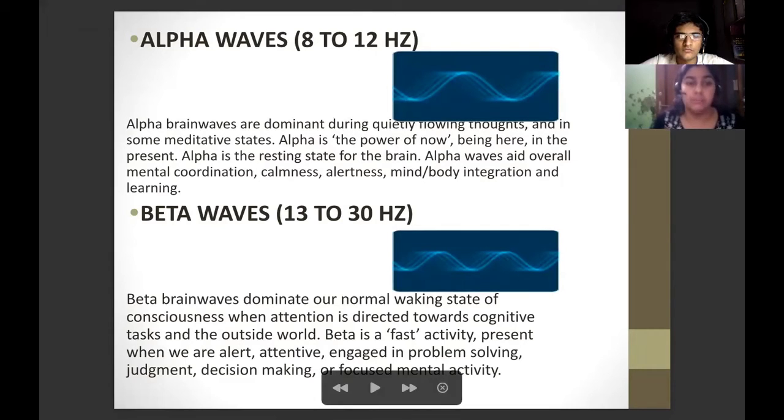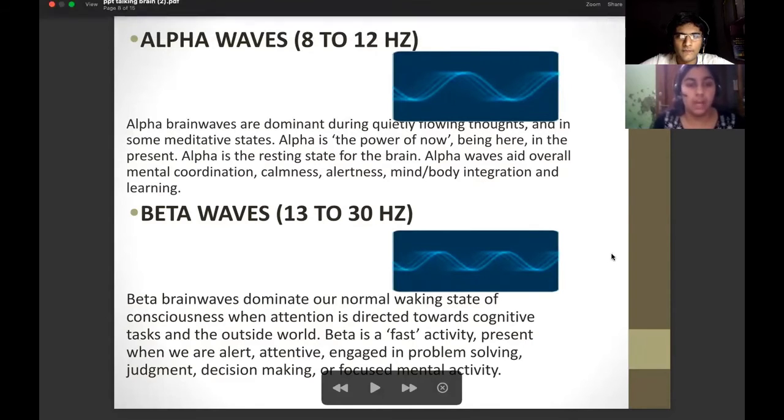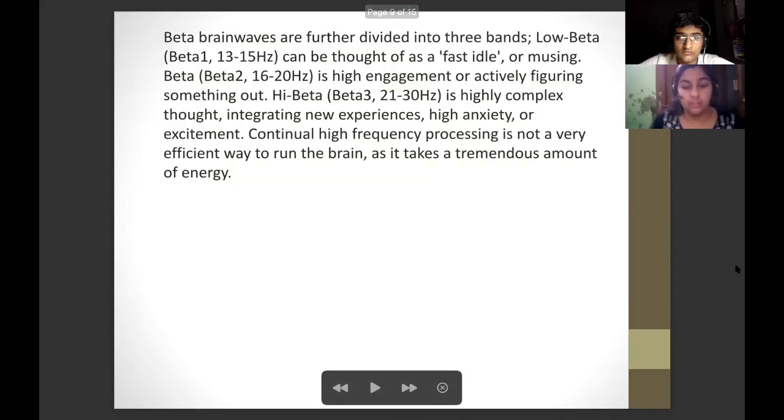The next are the beta waves that range from 13 to 30 hertz. They are the normal waking state of alertness and fast decision making of the body. They normally occur when we are awake, alert, or curious. They help in making focus and fast decisions.